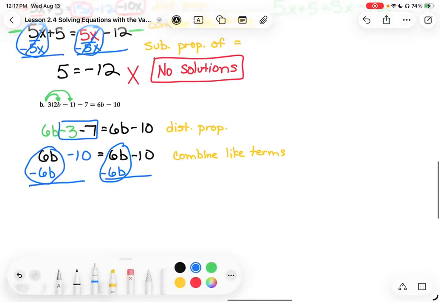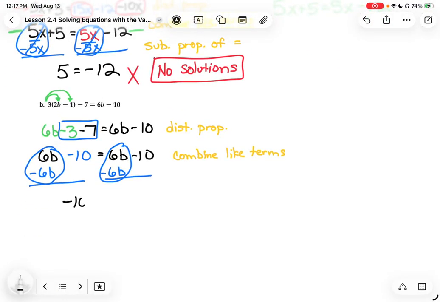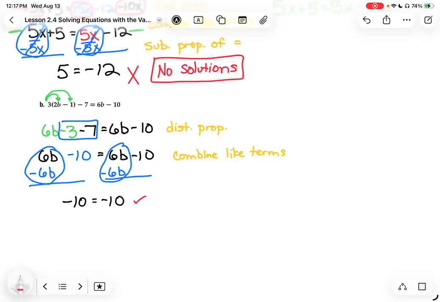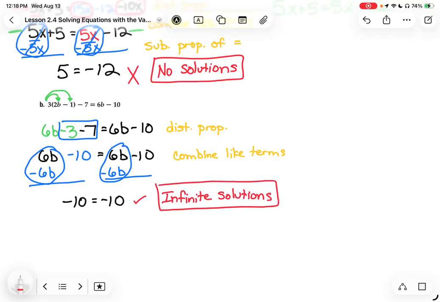So this is kind of like what we got last time, where our variables went away, except now we end up with something that is true. Negative 10 does equal negative 10. So this doesn't mean that there are no solutions. This means any value will work. No matter what number you pick, it will work in this equation. This has infinite solutions. Any number you pick will be a solution.